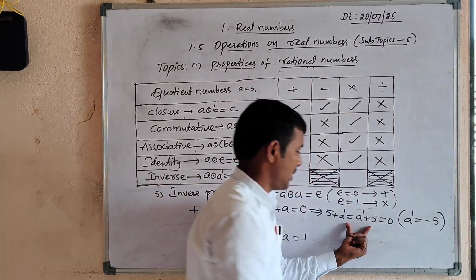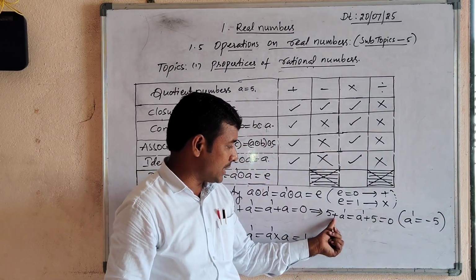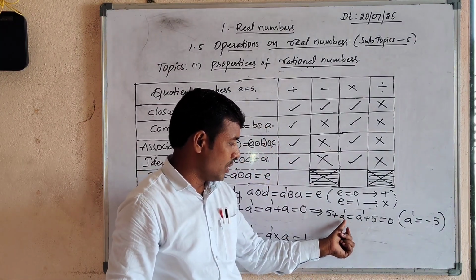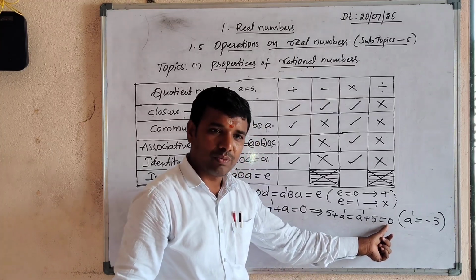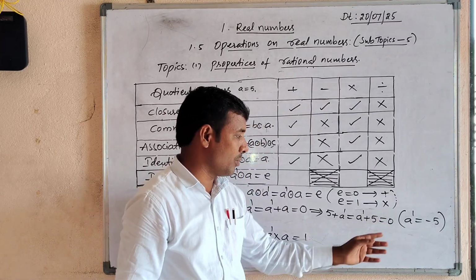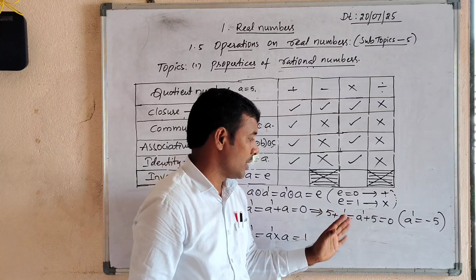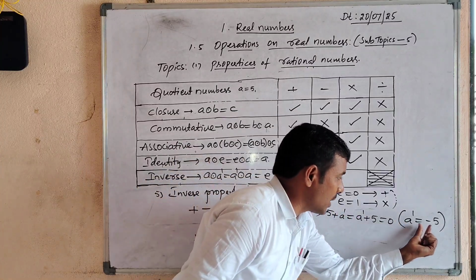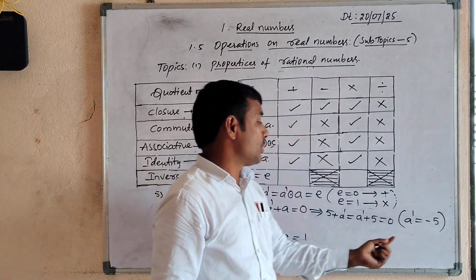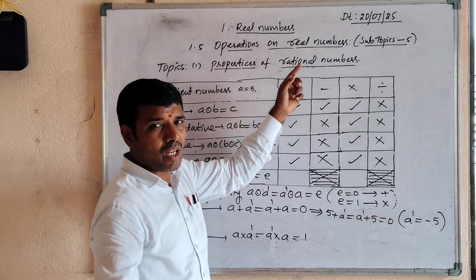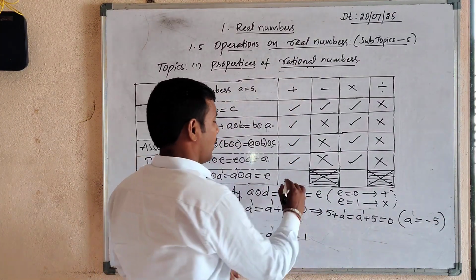See, 5 plus minus 5 is 0. Minus 5 plus 5 is 0. Left 0, right 0, middle 0, all 0. So A complement is minus 5, and minus 5 is a rational number, 100%, no doubt. That's why the right symbol.